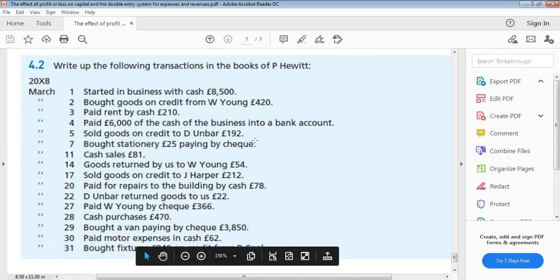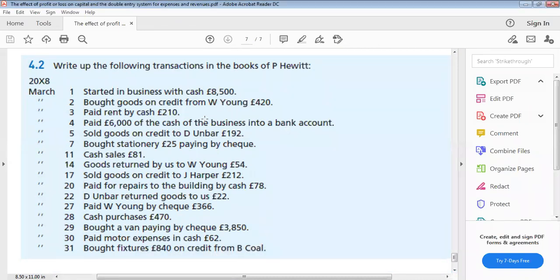I'm going to ask individuals to tell me how we approach various transactions in this question.